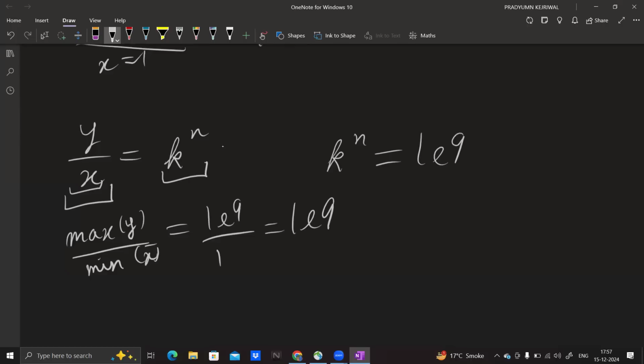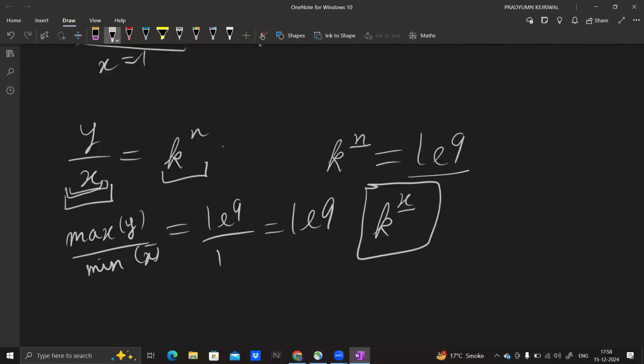So as we increase N, this is exponential, right? This is like K to the power of X, and we are increasing X. Not this X, this is different. We are increasing the exponent, so K to the power of it would be exponentially increasing. So it would reach this value very soon.